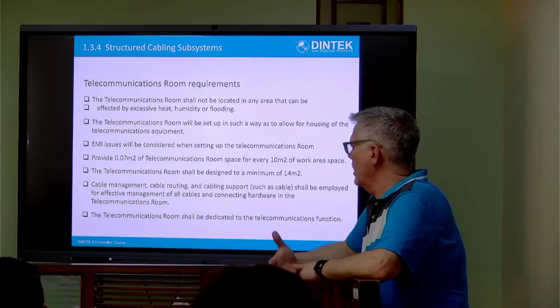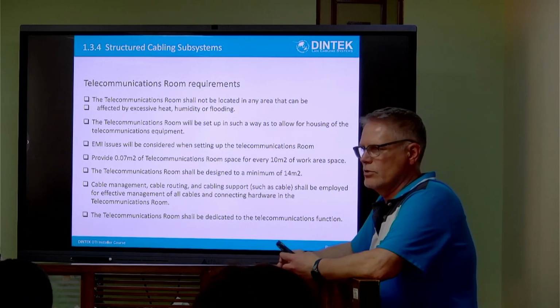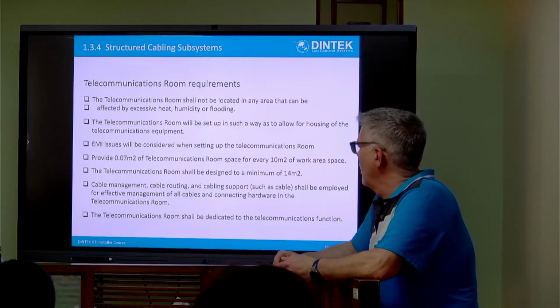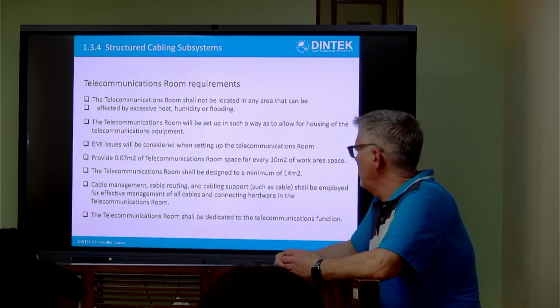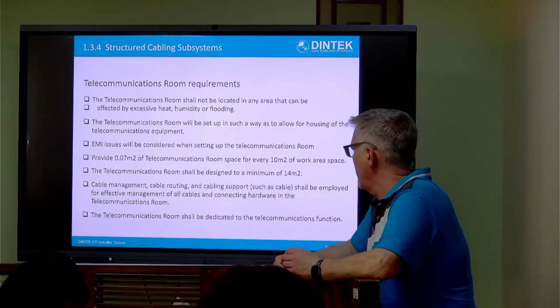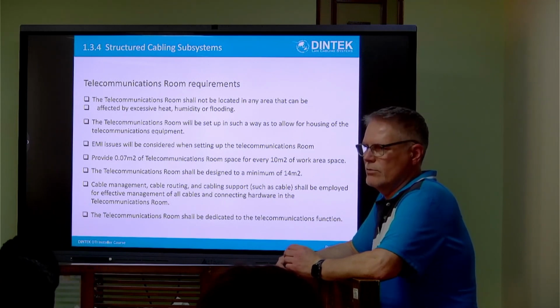A good way of working out the sizing for a telecommunications room, and you might want to take a picture of this screen, is 0.07 meters squared of TR space for every 10 meters squared of work area space.